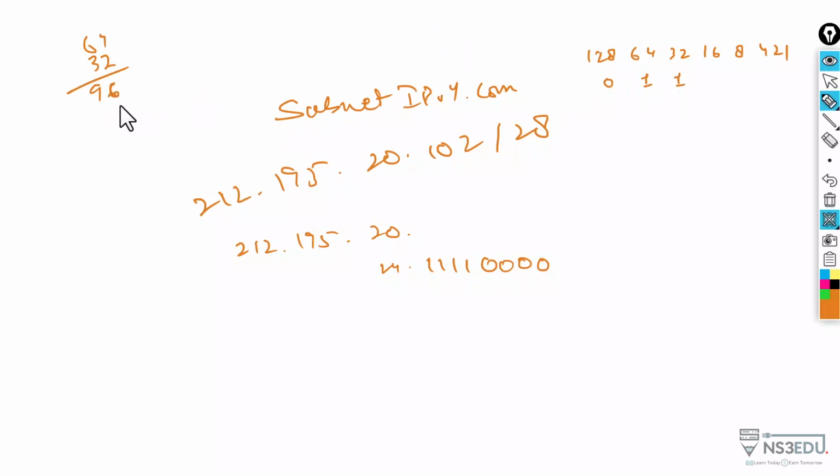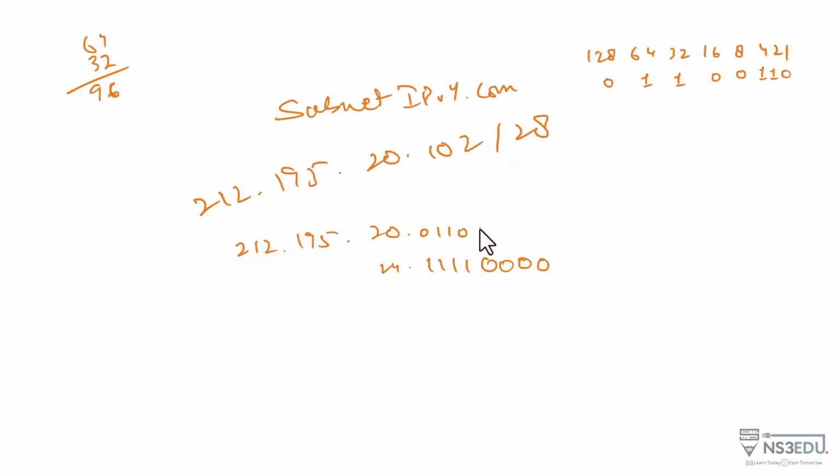How much do we need to add onto 96 to get 102? I think it's 6. Yes, we need 6. So 8 is 0, 16 is 0, 4 is 1, 2 is 1, and 1 is 0. Okay, so we will write 0 1 1 0 0.